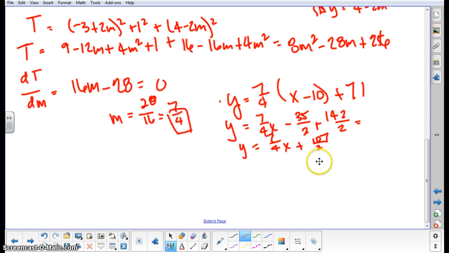If we go back to our equation, 7 over 4 is 1.75, and 107 over 2 is 53.5. So the regression that we calculated matches the regression that the calculator calculates.